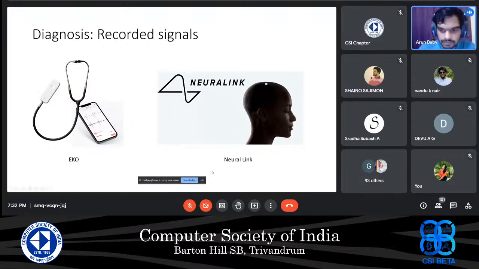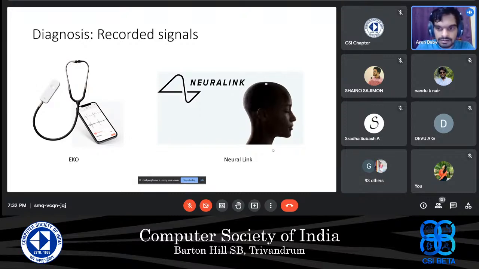Coming to Neuralink, I think a lot of people follow Elon Musk, and this is one of his ventures. I am really hopeful and looking forward to the development and availability of the Neuralink device.